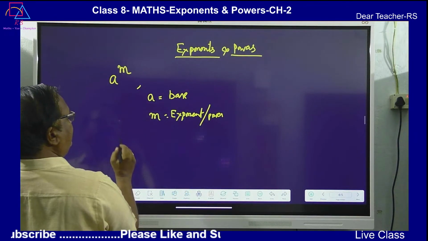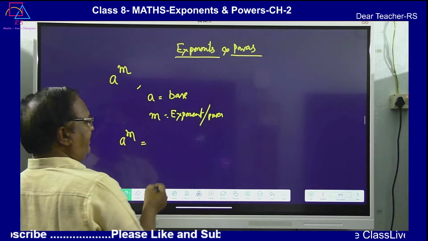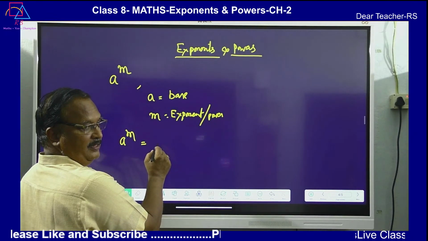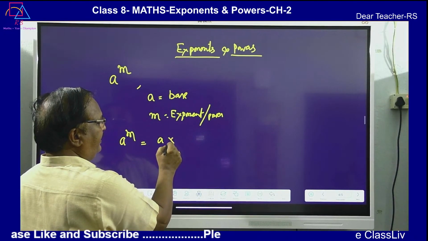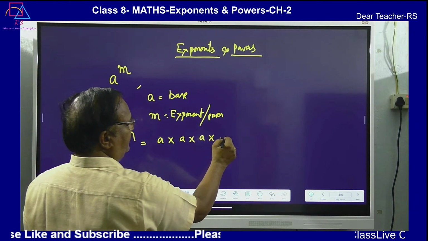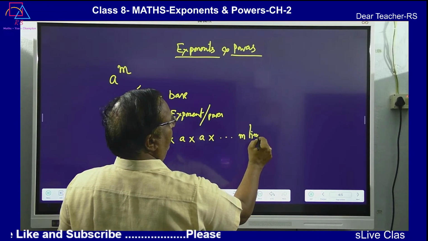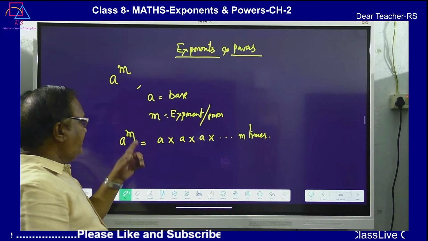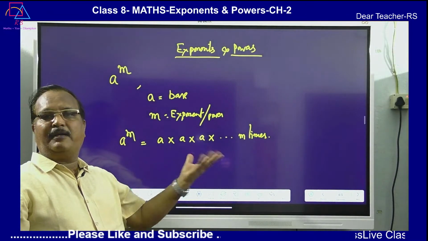So what does it mean? What is the meaning of this exponential form, a to the power of m? a into a into a into so on, m times. Whatever the power is, those many times you have to put the base and multiply it.